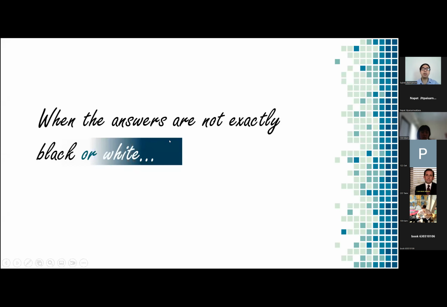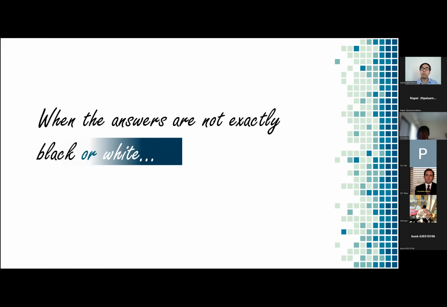Sometimes the answers are not exactly black or white; sometimes it is like a grayscale. If you listen to the sound, you would tend to categorize it into two concrete answers, but with the use of the sound spectrogram, the visualization of the sound, you can describe it with a grayscale.